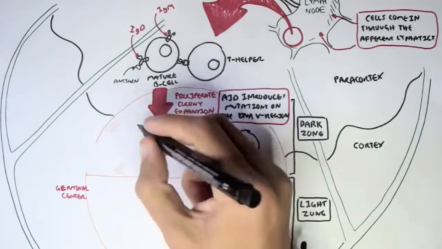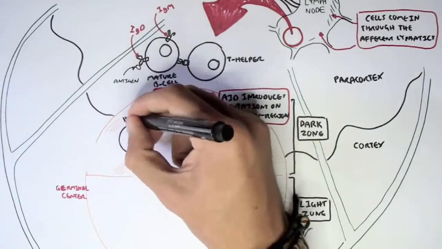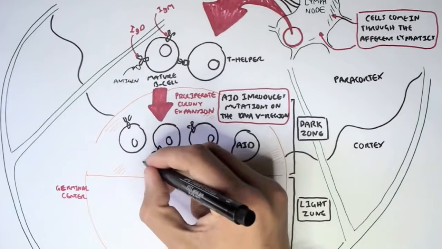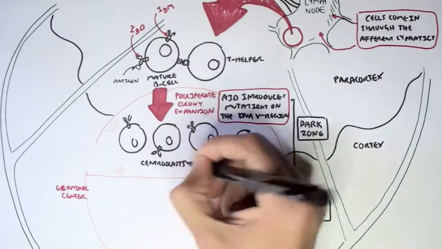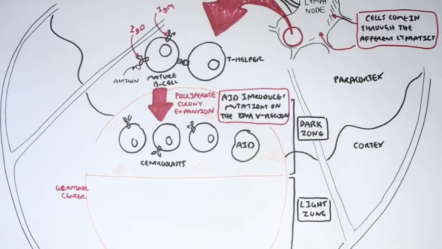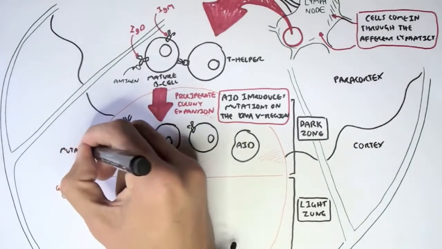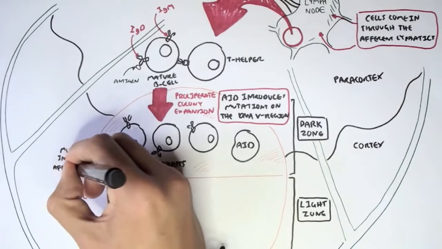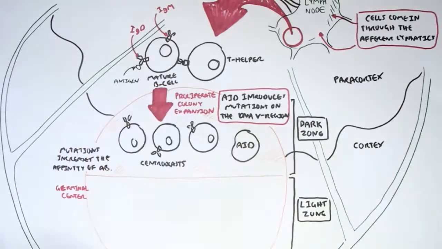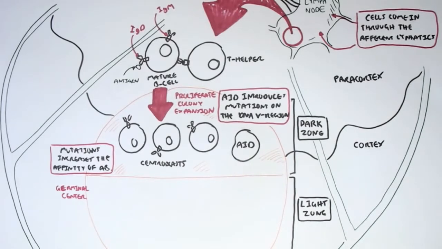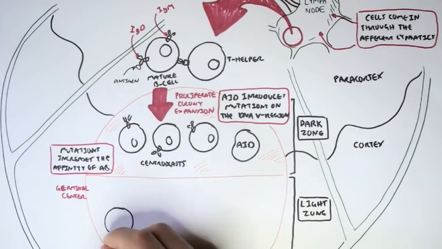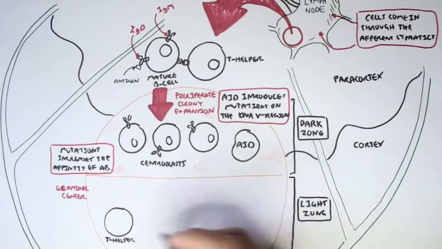And so this introduction of mutations, a process called hypermutation, will change the antibody, increasing or decreasing its affinity, increasing or decreasing its specificity. And so these mature B cells, through proliferation and hypermutation, will create many types of centroblasts with an increased affinity or a decreased affinity for the particular antigen that stimulated the activation of the mature B cell in the first place.